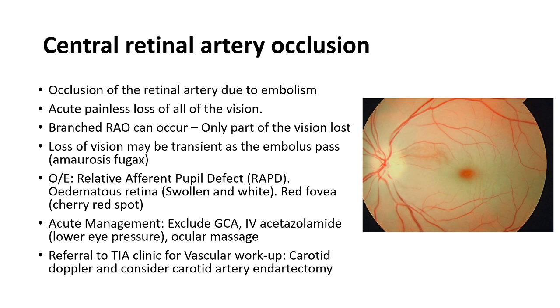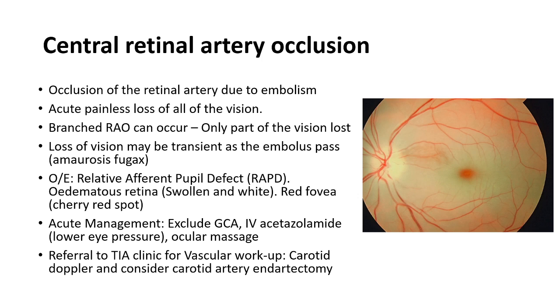Central retinal artery occlusion is commonly due to an embolic event. The patient will present with acute, painless loss of all the vision, and these are important symptoms to ask during history. The embolus may only affect a branch of the retinal artery, and this will cause only part of the vision to be lost.